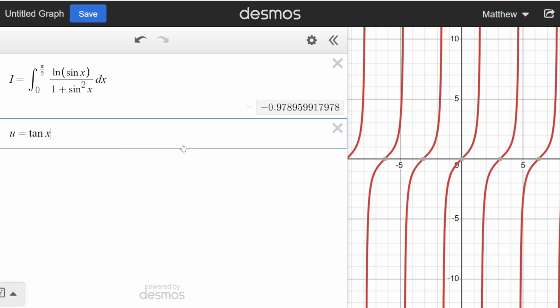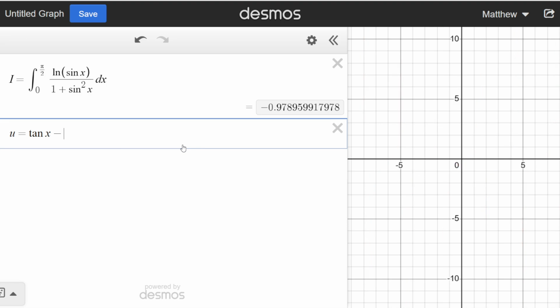So if u is equal to tangent x, this is going to imply that du is equal to secant squared x dx. So cosine squared x du is equal to dx. So now we have to figure out what cosine is. Well, given that u is the tangent of x, that would mean its opposite side is u, its adjacent side is 1, and its hypotenuse would be the square root of 1 plus u squared.